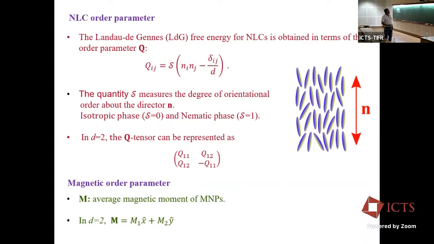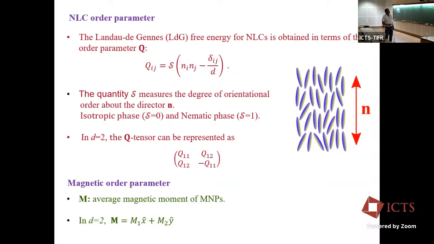Usually what's called the Landau-de Gennes free energy is written in terms of the order parameter Q. Q is a rank-2 tensor, and Qij has a magnitude, the liquid crystal director, and the usual Kronecker delta. This is something I hope many of you have seen before. Suffice it to say that this order parameter Q is traceless.